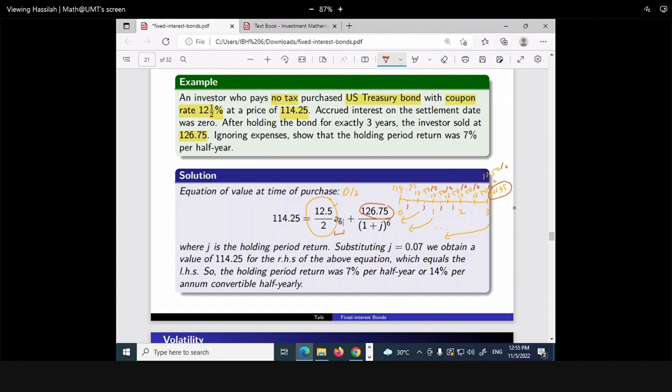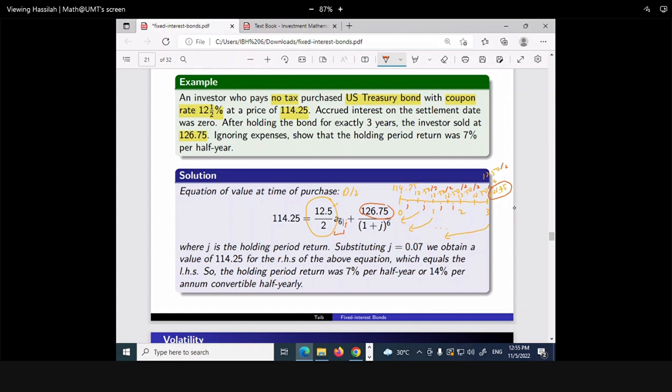Boleh kan? 12.50% setahun, bahagi 2. Jadi yang ini you discountkan ke masa kosong. Dia adalah satu bentuk annuity, you gunakan annuity factor dengan N adalah 6, J. Lepas tu yang last sekali adalah 126.75, you discountkan terus ke masa kosong, 1 tambah J kuasa 6. So J is the holding period return.